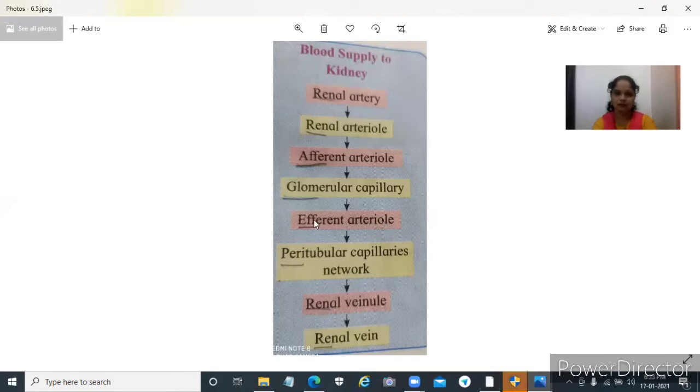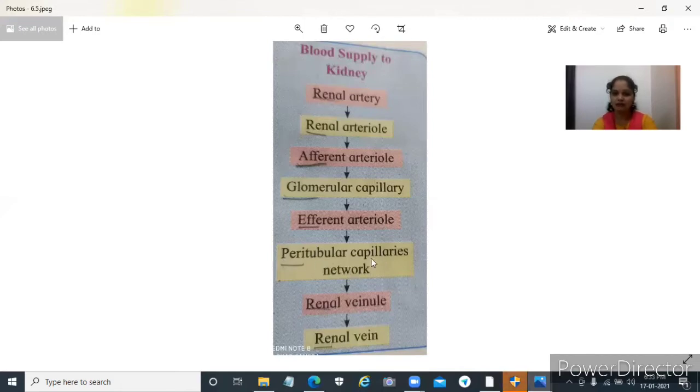After that, the smaller efferent arteriole redivides to form a capillary network around the PCT, DCT, and the loop of Henle. So this capillary network is the peritubular capillary network.